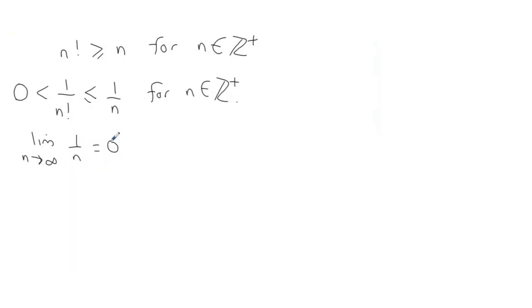Of course it does, as n approaches infinity, 1 over n must approach 0. Therefore, the limit as n approaches infinity of 1 over n factorial equals 0 also. And the reason is the squeeze theorem. It's not a comparison test, it's not a series.